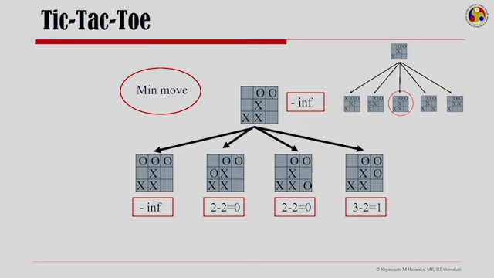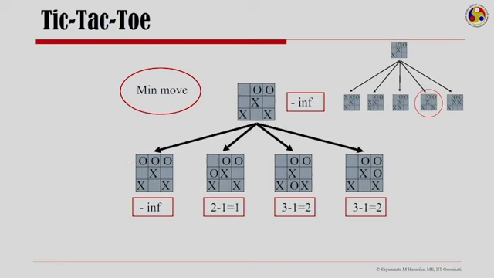We can move ahead and look at the next node, which again gives you the value of minus infinity. As you can see, if Max does not fill up this, Min would immediately fill that up and ensure a win, and this will have a minus infinity value for the evaluated function, whereas rest of them could be 0 or 1. We compute for the fourth option and we see similar values because this is left out.